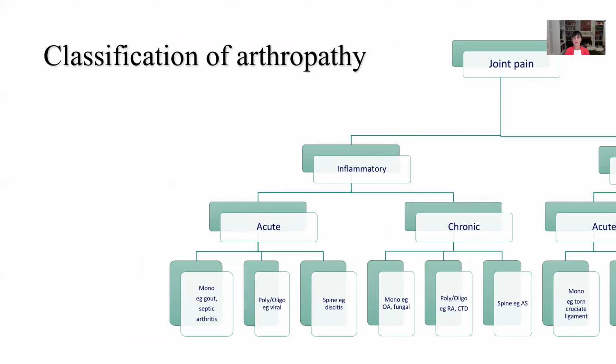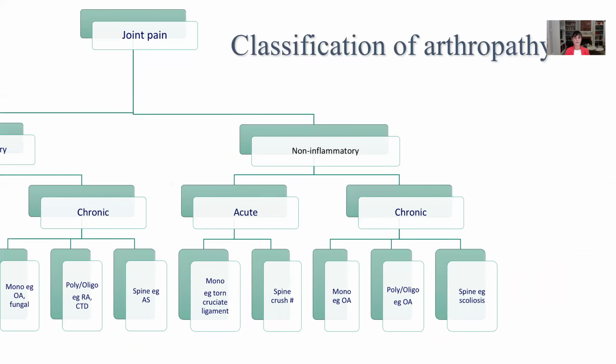So I will mostly be discussing inflammatory causes of arthropathy, both acute and chronic. And you can see that also the similar principles apply when assessing non-inflammatory arthropathy, and some of the causes are listed here.